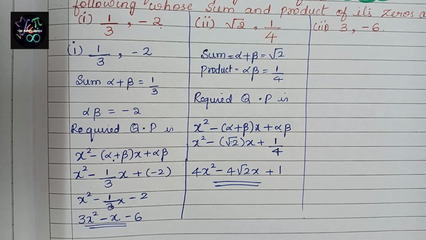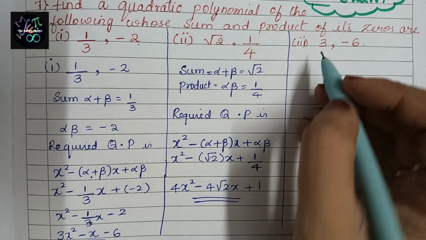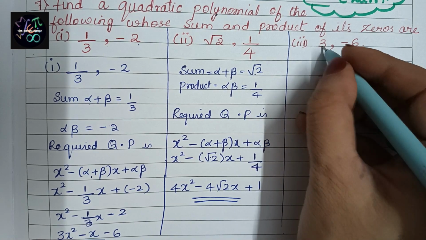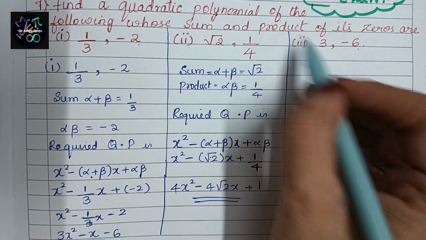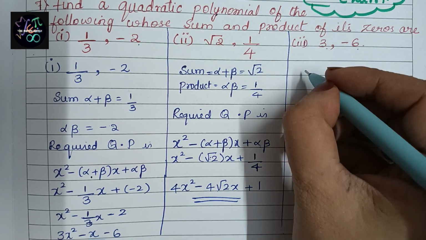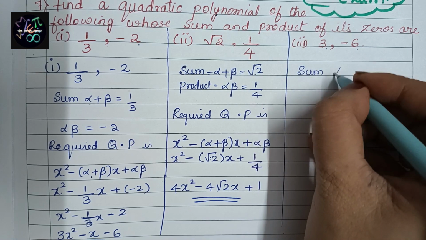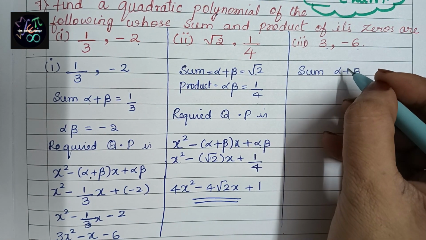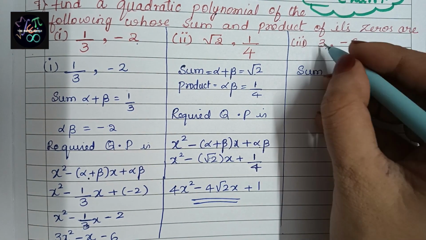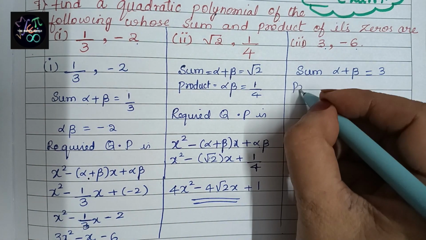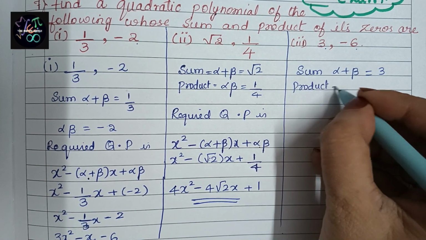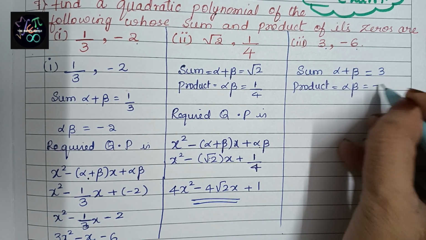Now let us find the third question, 3 and minus 6. The first one is the sum, because they have told that sum and product are given. The sum of zeros is alpha plus beta, which is equal to 3. The product of zeros is alpha into beta, which is given as minus 6.